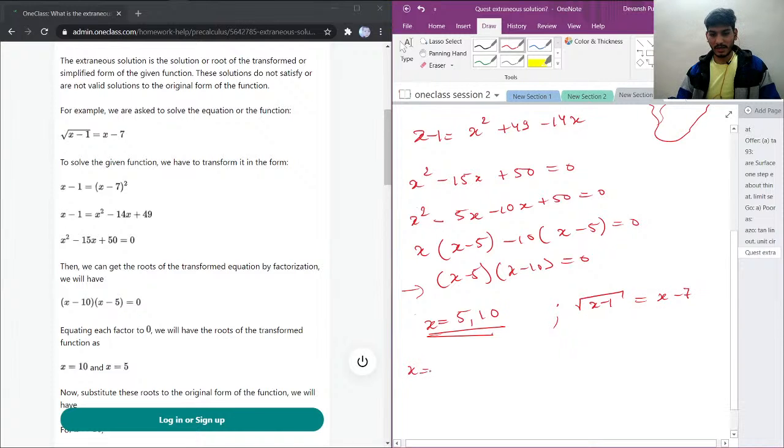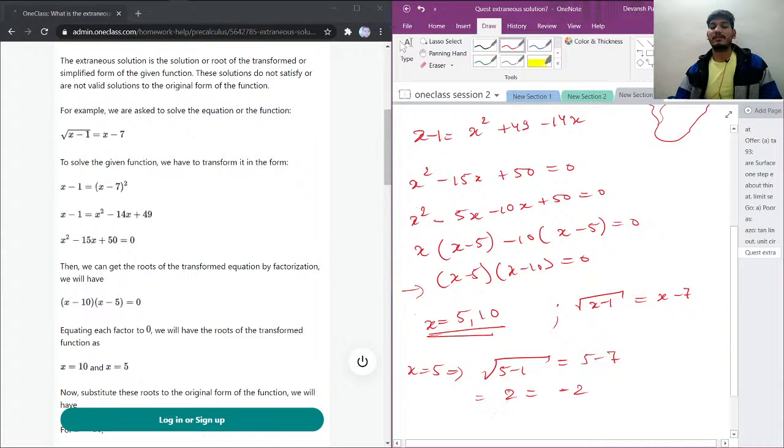If I write x equal to 5, then this will become 5 minus 1, and this will become 5 minus 7. So this will be square root of 4, which is 2, and 5 minus 7 will become negative 2.